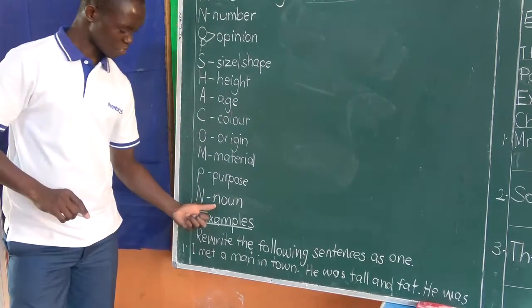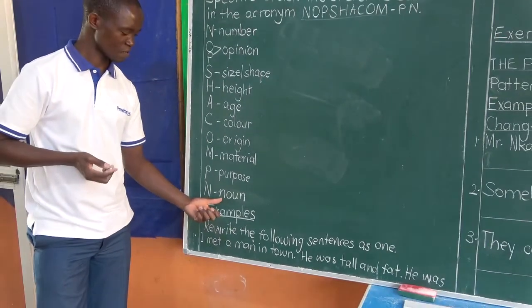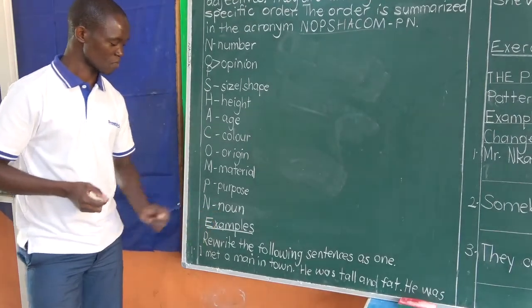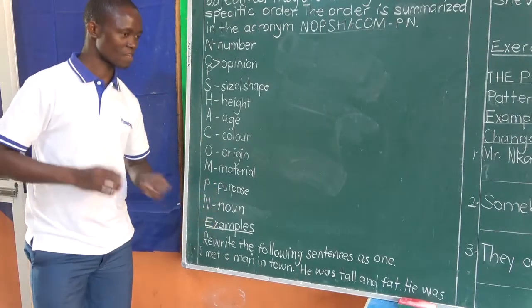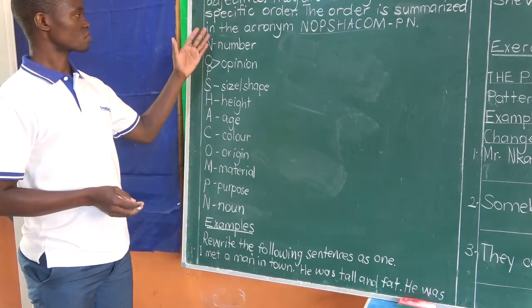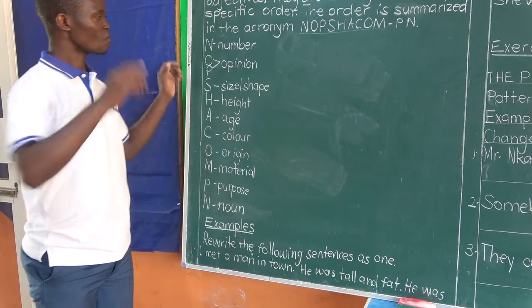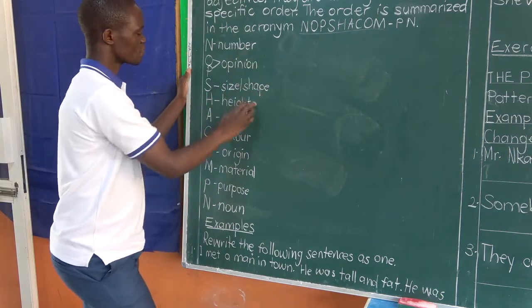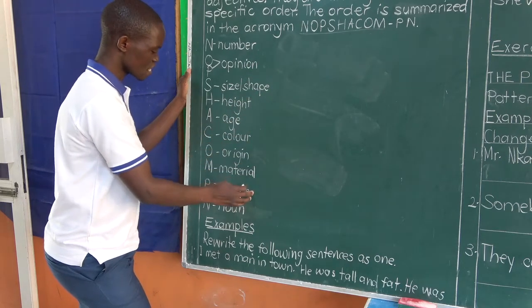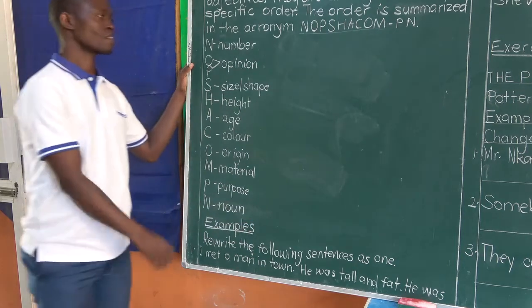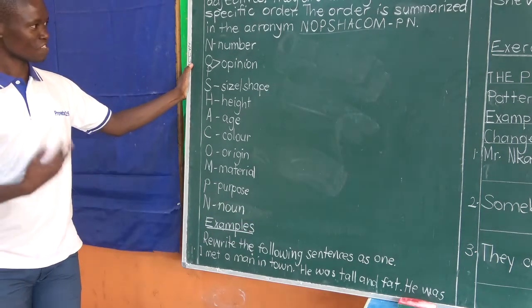Now, do we have adjectives of noun? You may be wondering. And the answer is no. We don't have adjectives of noun. But we have the noun we are describing. Meaning, the adjective we are going to talk about in these sentences will be coming before the noun. 1, 2, 3, 4, 5, 6, 7, 8, 9 categories of adjectives before you think of the noun. Is there a sentence with 9 adjectives?